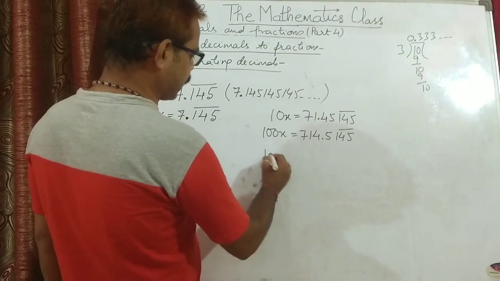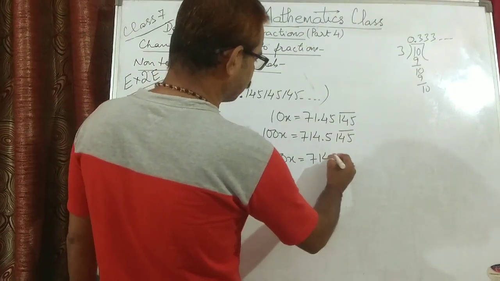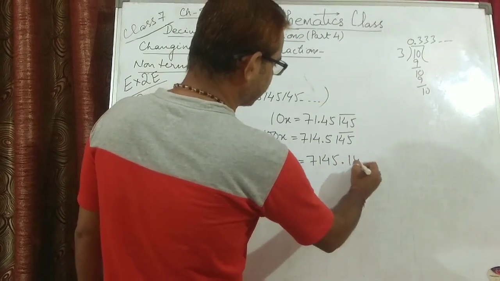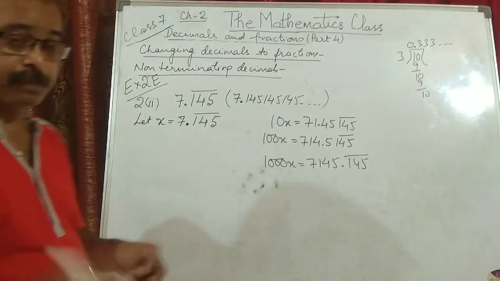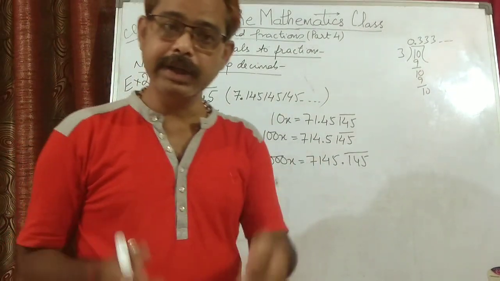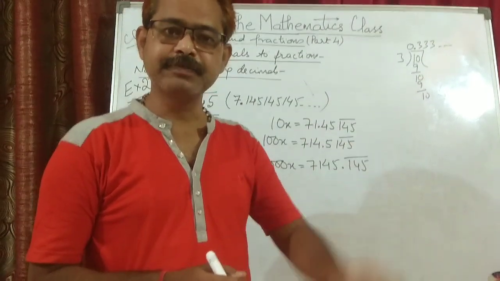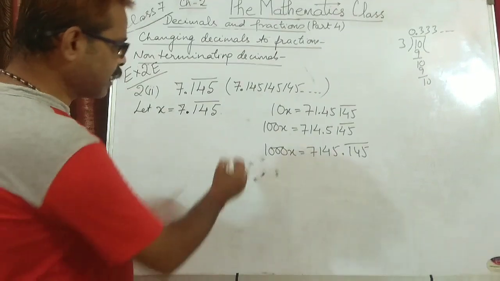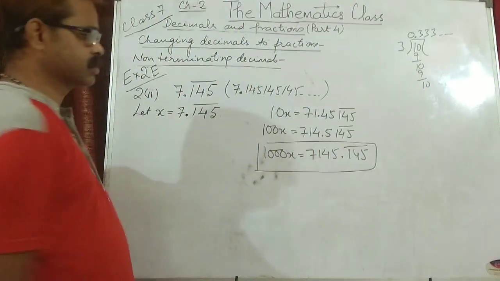If I multiply by 1000, it will be 7145.145 bar. And what is our basic requirement? I want to delete all the numbers that are present after the decimal. So I will consider this one a better choice.